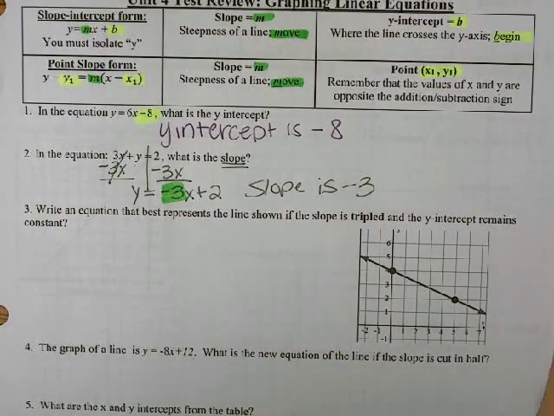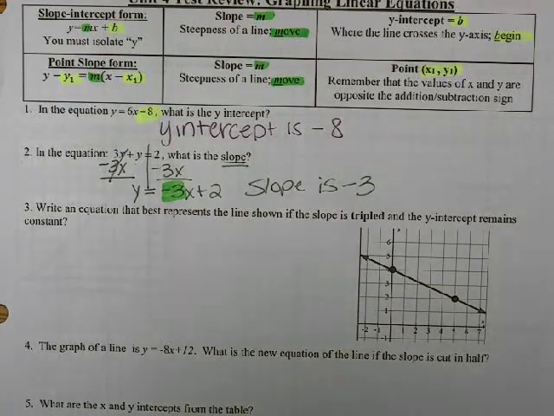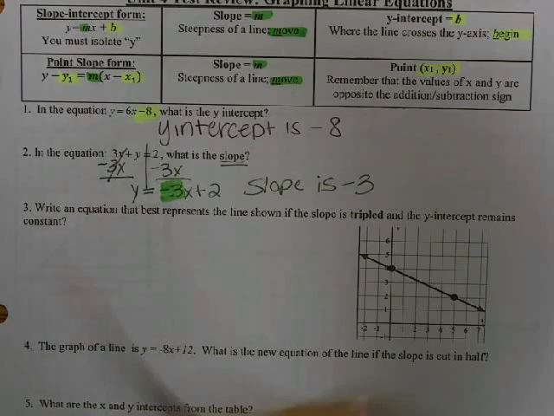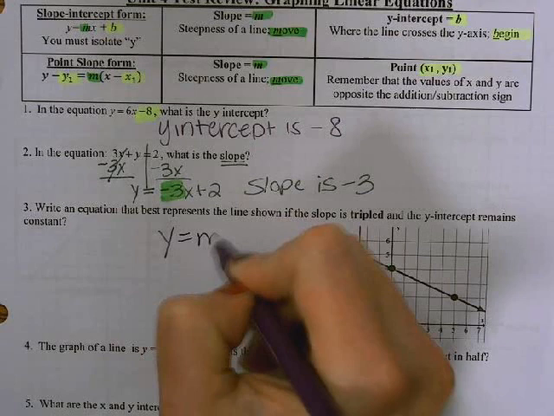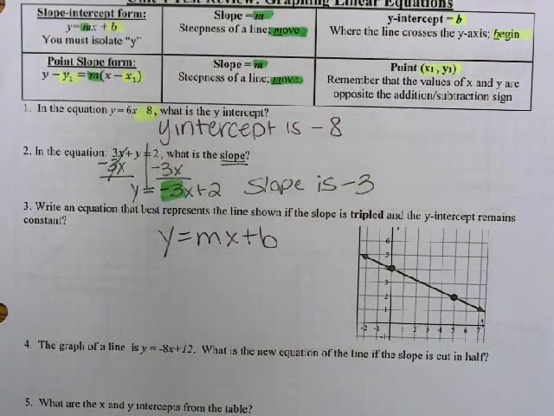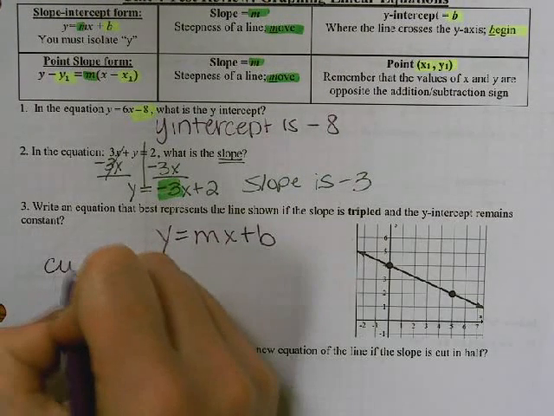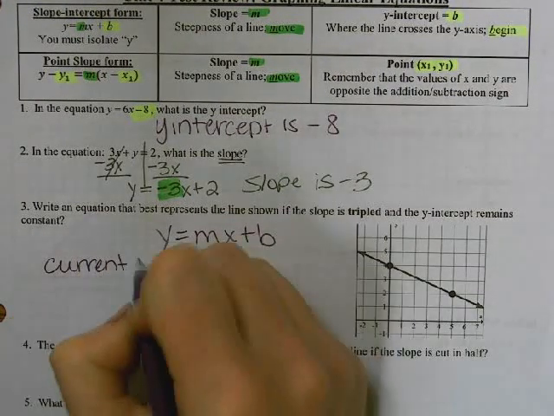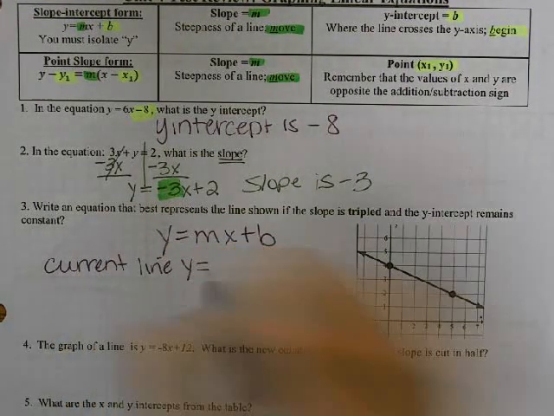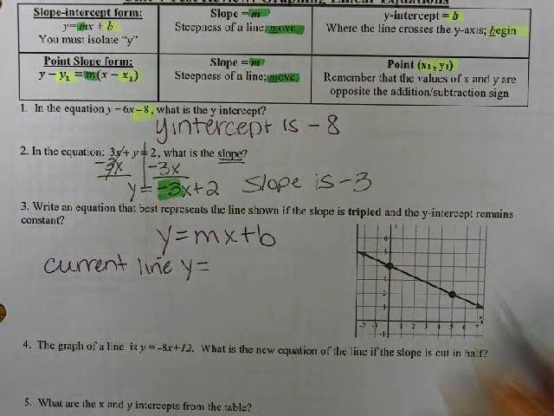Number 3, it says what is the equation of the line where the slope is tripled, but the y-intercept remains the same. So remember, we're using y equals mx plus b. So let's write the current line. The current line is going to be y equals, and let's find the current slope.